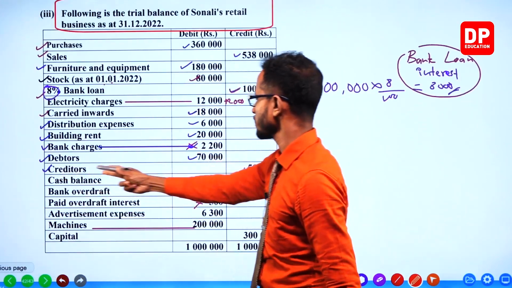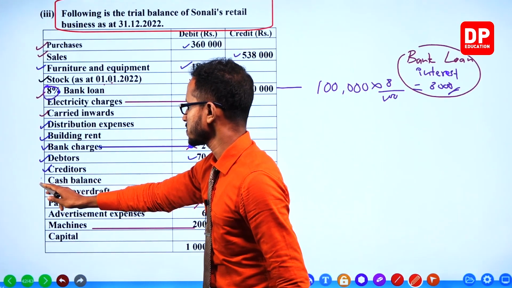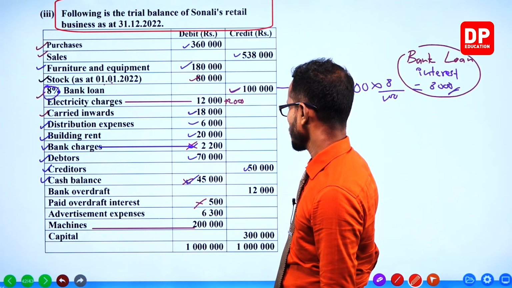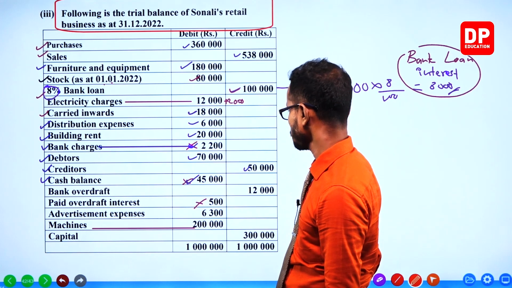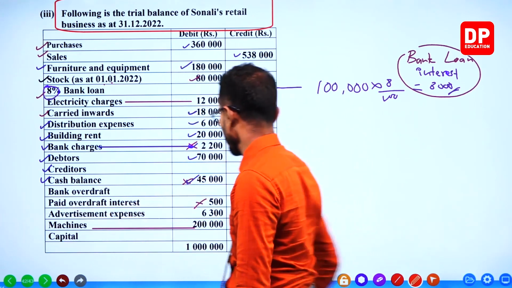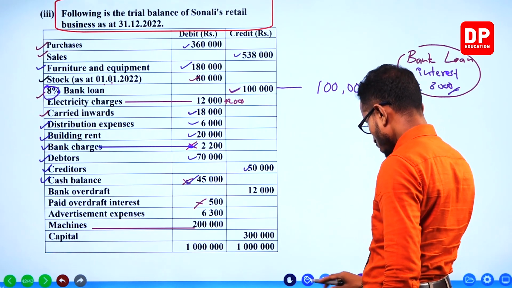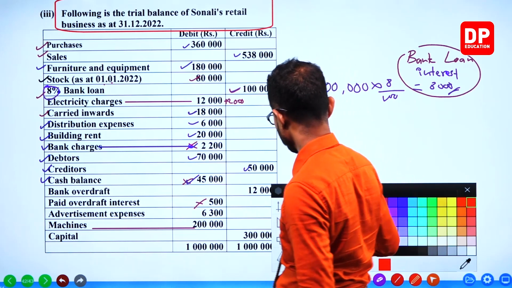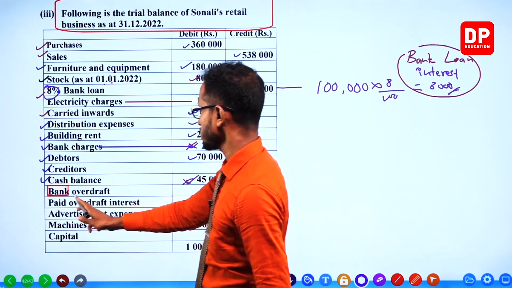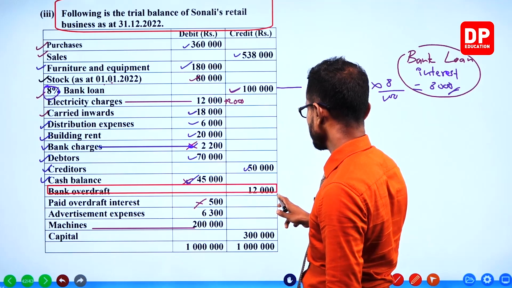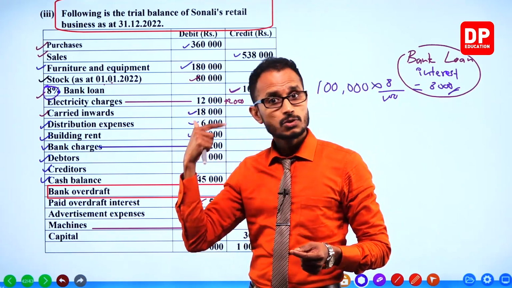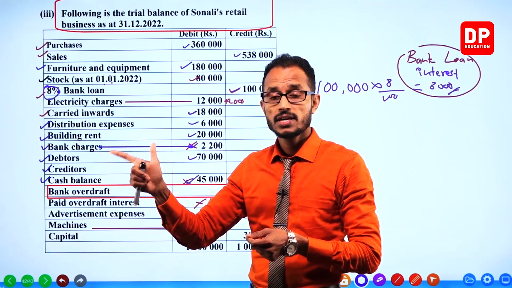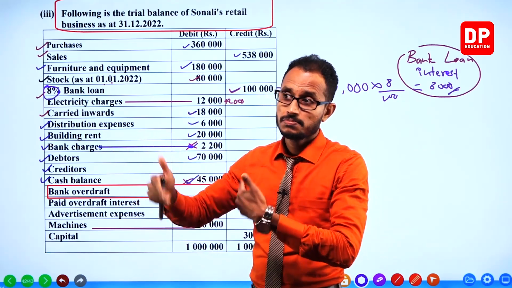Next, cash balance 45,000. Cash balance 45,000. And bank overdraft is there. Oh yeah, overdraft is a problem. Bank overdraft. As I told you earlier, this is not cash remaining in the bank account.